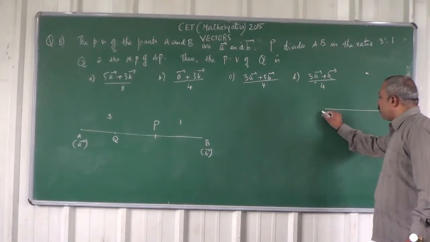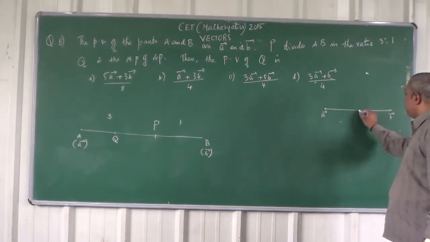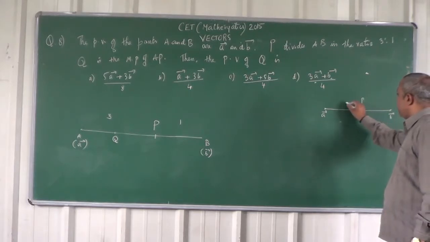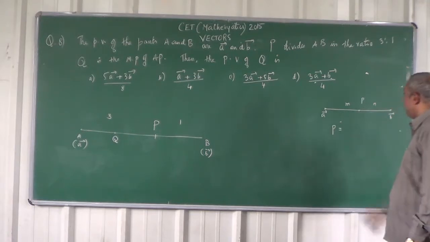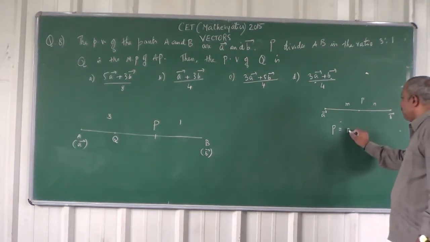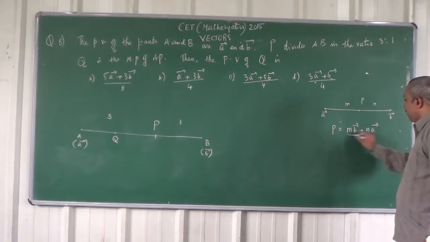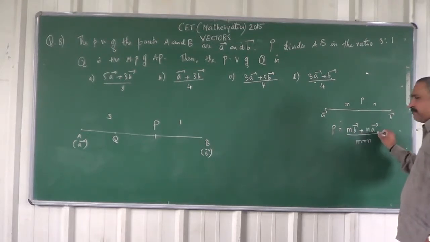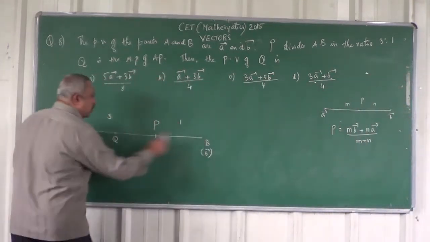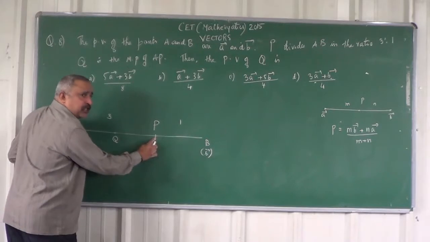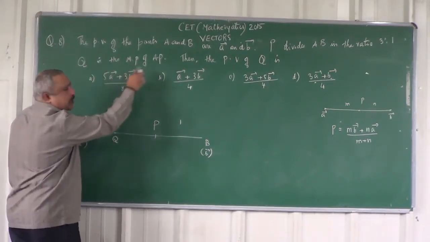If the position vector is A and the position vector is B, if P divides in the ratio M is to N, then P is given by M into vector B plus N into vector A divided by M plus N. By using that formula, let us first find out the position vector of P. Then we take the midpoint because it is given that Q is the midpoint of AP.